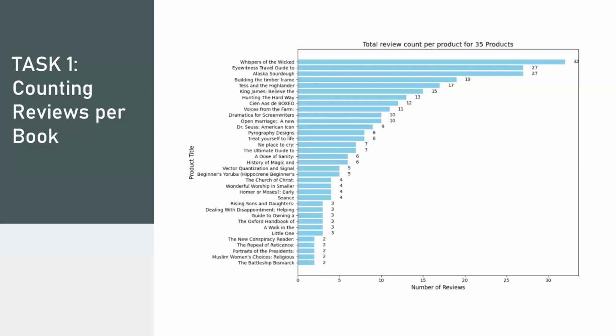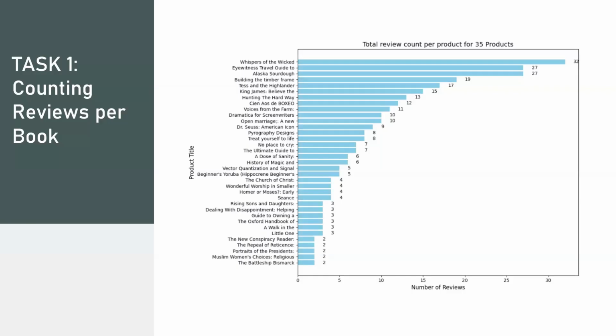The majority of the products received 5 or fewer reviews, including the Battleship Bismarck, Muslim Women's Choices, and the New Conspiracy Reader, with 2 reviews each. This graph effectively illustrates the distribution of customer engagement across the product catalog, highlighting which items have generated the most feedback.